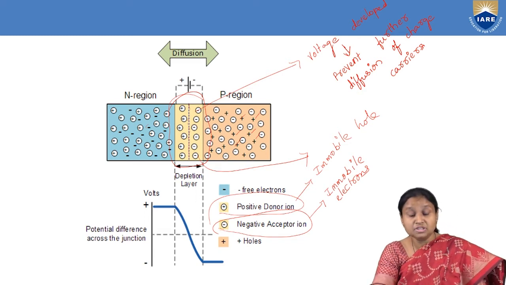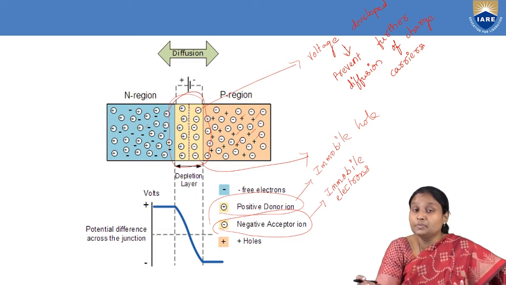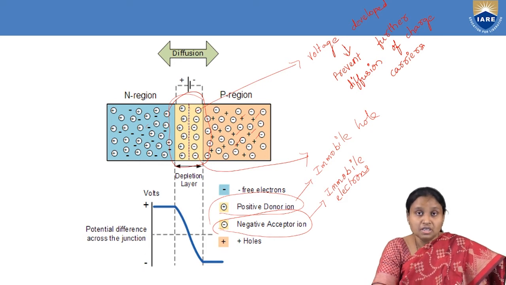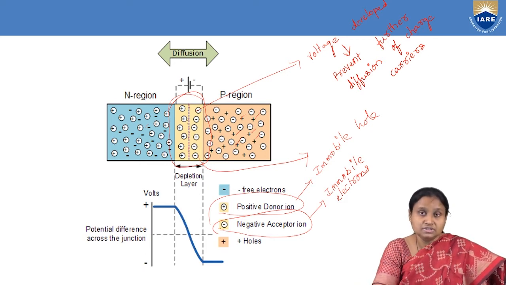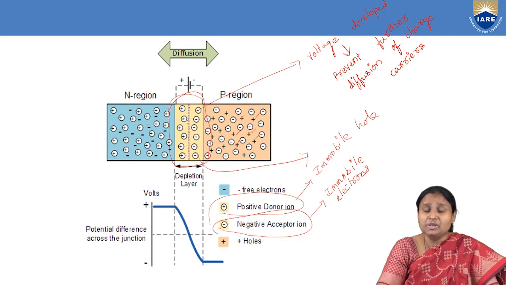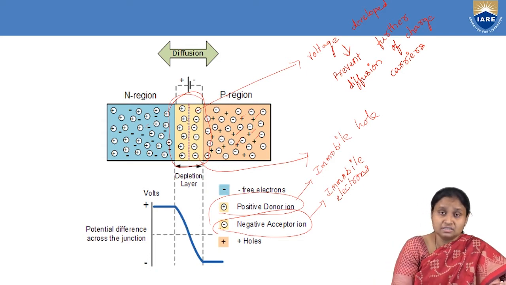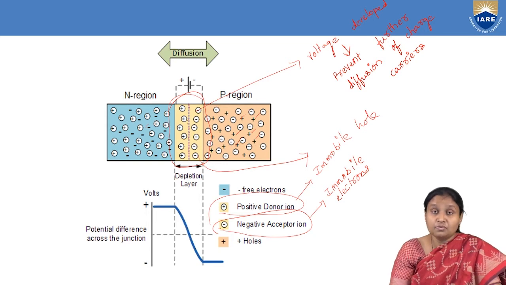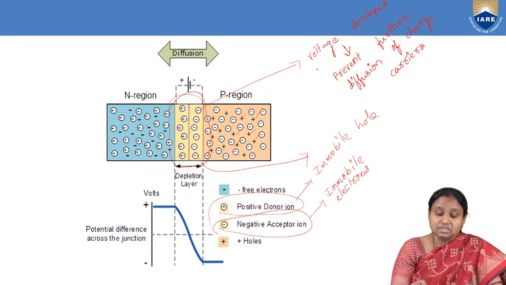Because a voltage will be developed, and this voltage is developed because of the formation of immobile charges across the junction. It is going to prevent further diffusion of charge carriers. So there won't be any further flow of electrons from the N region to the P region, and flowing of holes from the P region to the N region will be stopped once this voltage is developed.